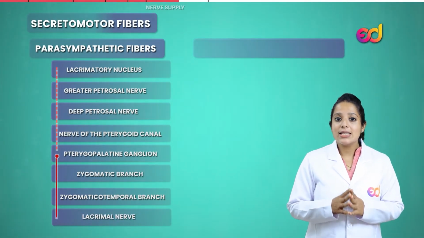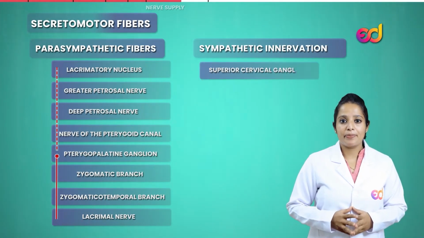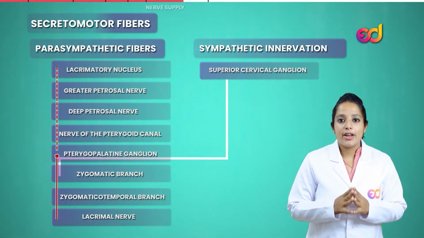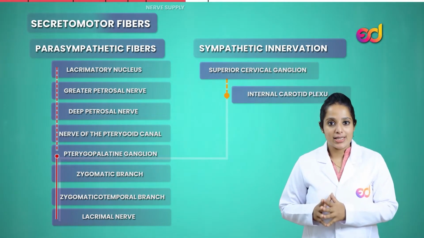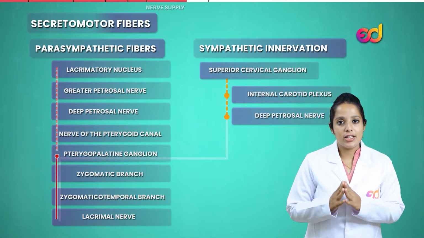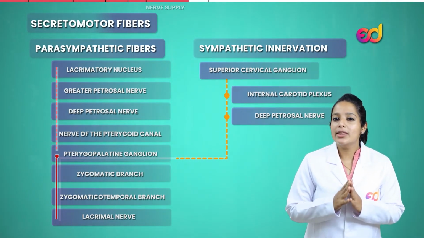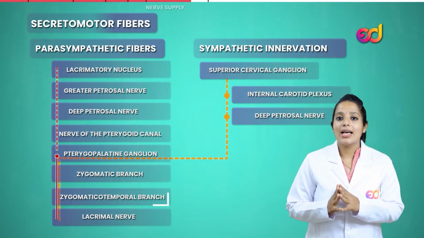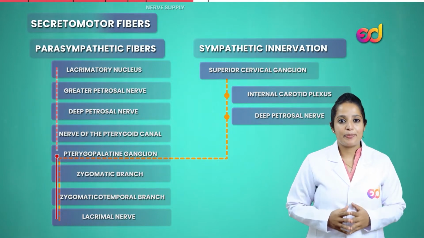On the other hand, sympathetic innervation is from the superior cervical ganglion. From this ganglion, the nerve fibers reach the pterygopalatine ganglion via the internal carotid plexus and the deep petrosal nerve. The sympathetic fibers subsequently, without synapsing in the ganglion, travel along the same path as the parasympathetic fibers supplying the lacrimal gland.